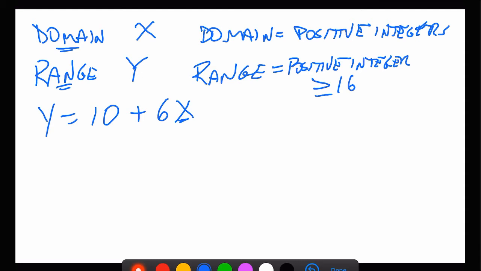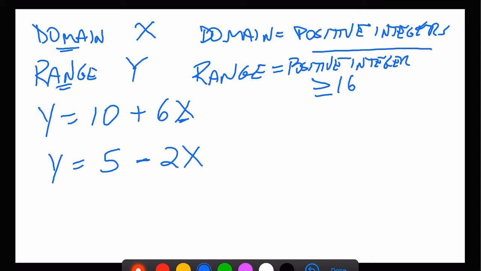So, domain and range. Say y equals 5 minus 2x. Again, if my domain is positive integers, what's my range?